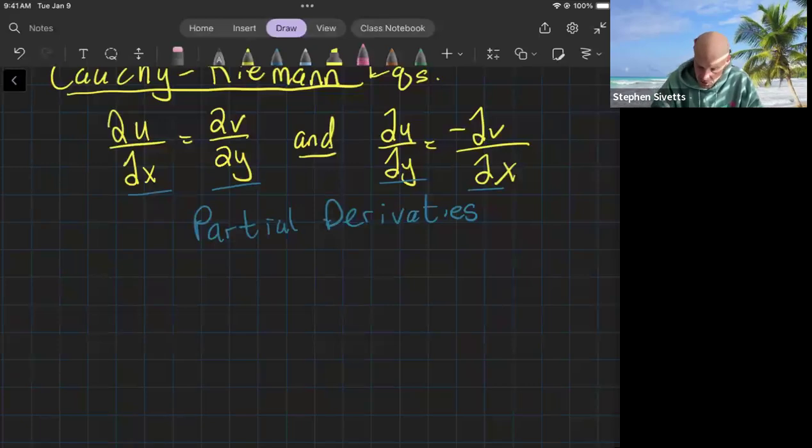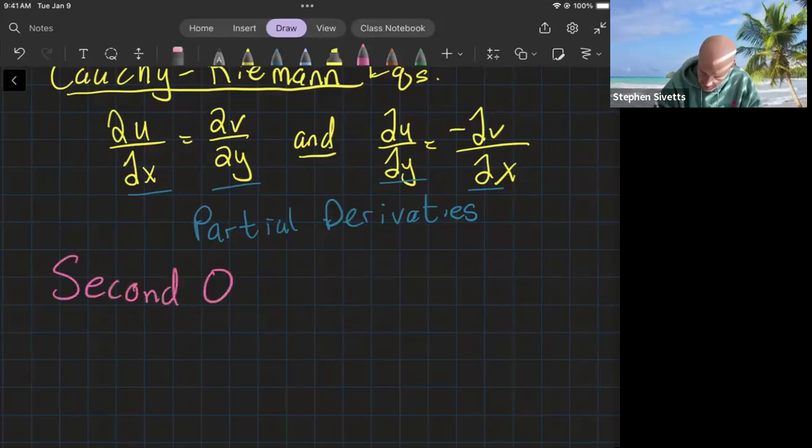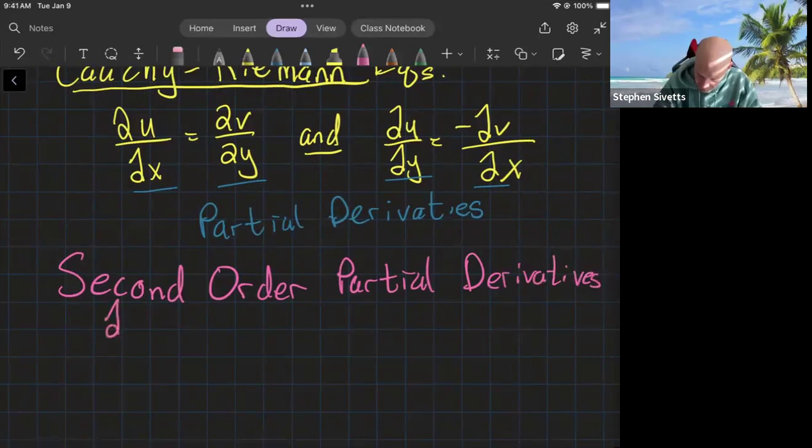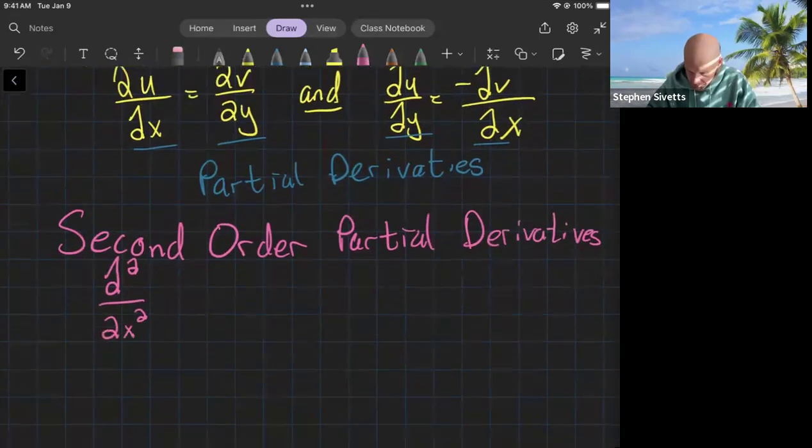And we can also take second order partial derivatives. Okay, so they look like this. So this is a pure second partial derivative with respect to x.